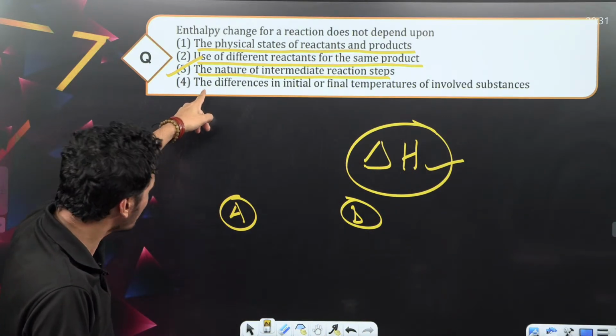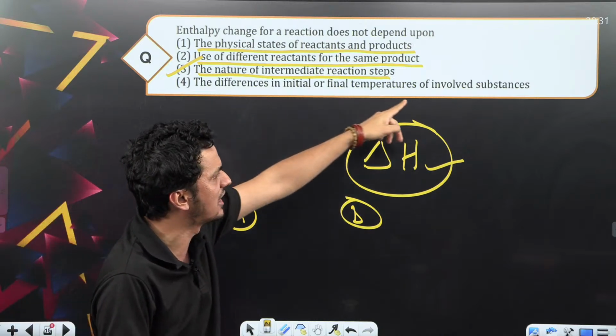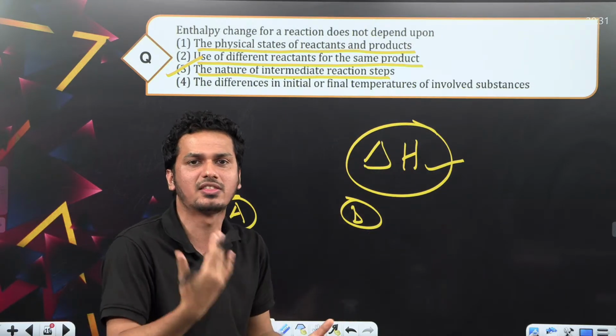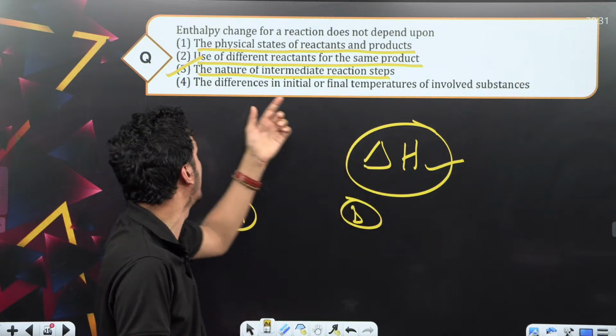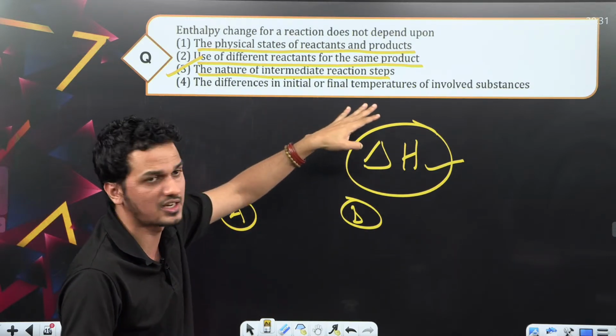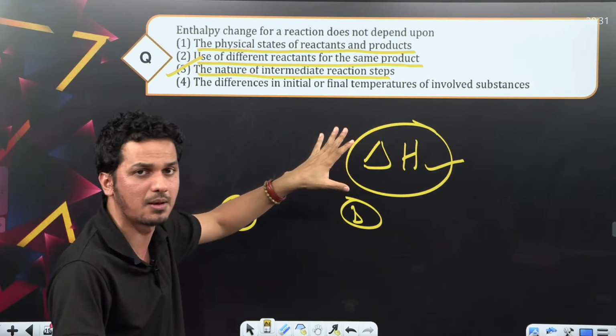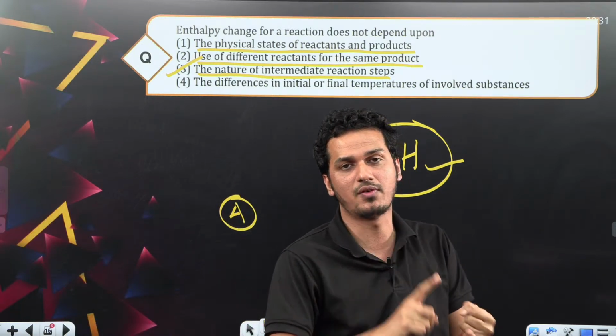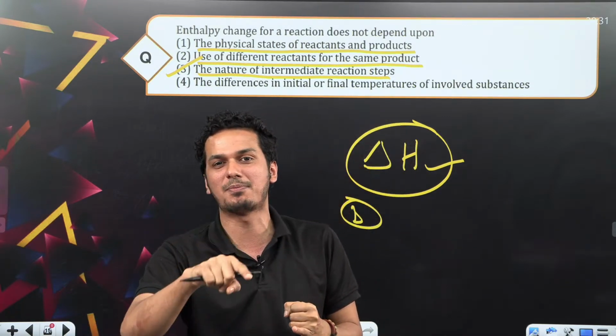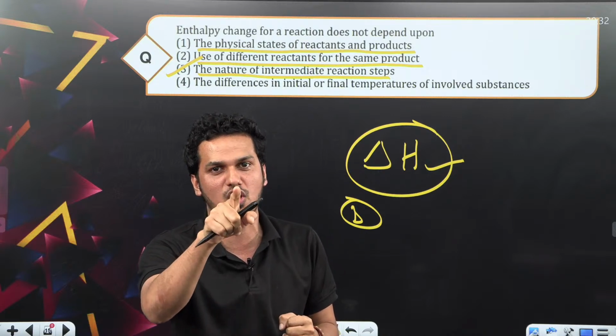Exactly. Then the difference in initial and final temperature. Of course, if temperature is changing, enthalpy will change. That idea is important. The rule is that whenever temperature is changing, enthalpy is changing, and that rule is called Kirchhoff's law.